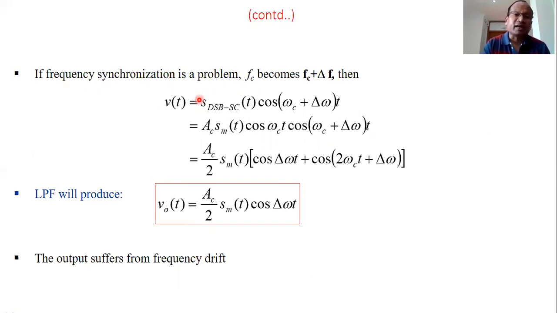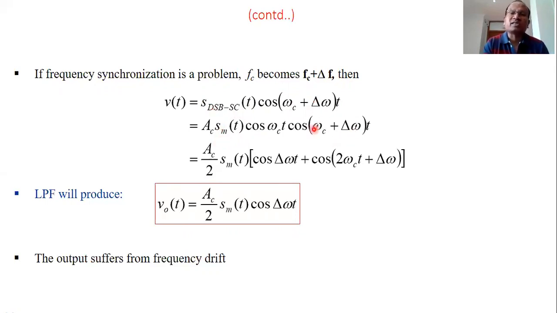Similarly, frequency synchronization. Suppose we get a signal that is a cosine signal. In place of cos omega c t, in the product term, we get cosine of (omega c plus del omega) t. This problem is occurring at the receiver, because DSB-SC is the same signal, Ac s(t) cosine omega c t. But when we are trying to generate the exact carrier frequency at the receiver, we are not able to get it.